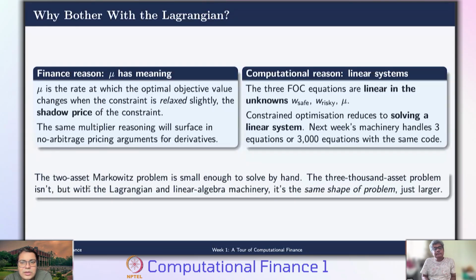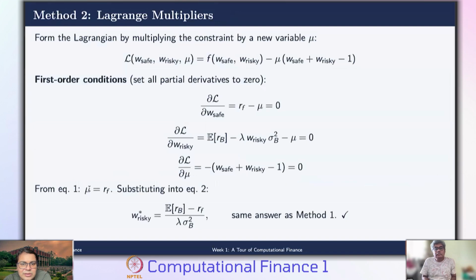There's also a computational reason to go through this example in week one. If you go back to the previous slide, we had three equations that were linear in the three unknowns: mu, W risky, and W safe. The three first order conditions were linear equations.